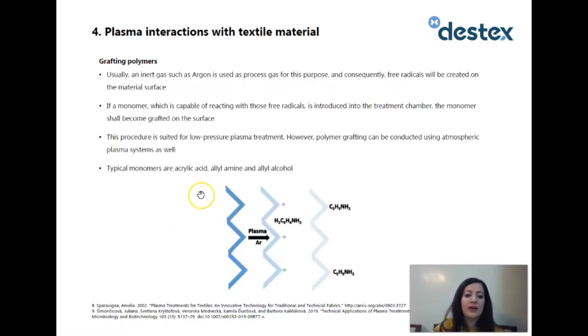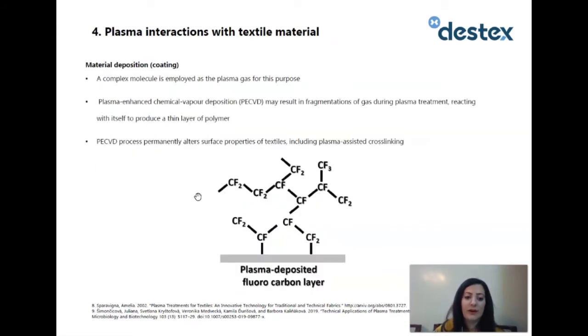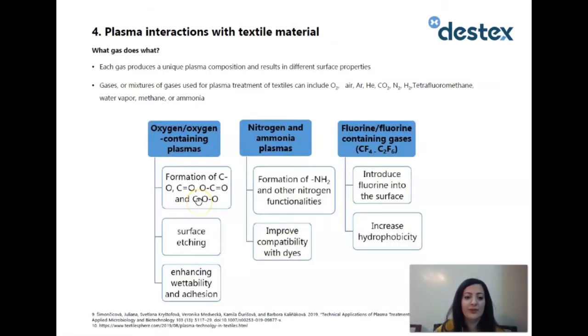Also, we can graft polymers by introducing monomers and certain particles into the gas mixture in the plasma treatment. And finally, thin nanoscale coatings are possible via plasma on textile materials, and in this method, we can have a permanent alteration of the properties of the surface of the material.